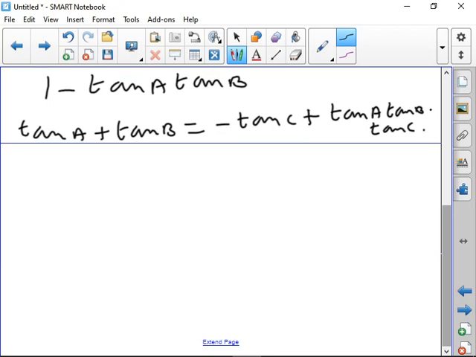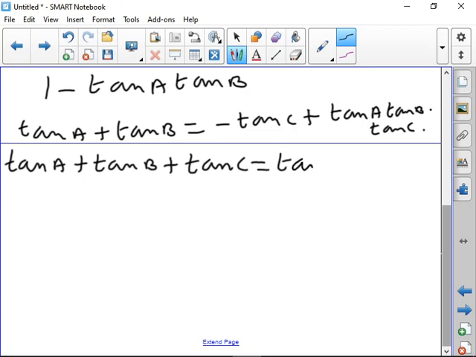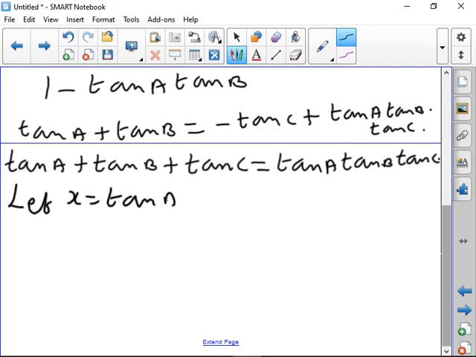Now minus tan c, bring it to the left hand side, so we get tan a plus tan b plus tan c is equal to tan a into tan b into tan c. So now we take, let x is equal to tan a, y is equal to tan b and z is equal to tan c.